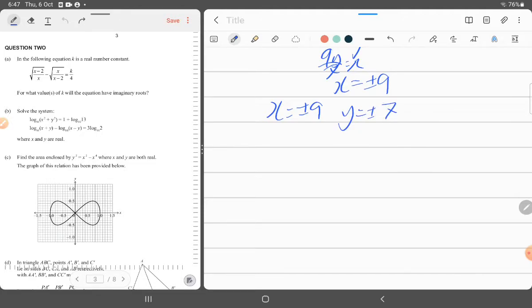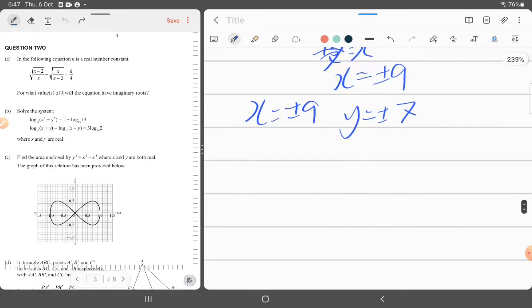But logs must have positive arguments. So x plus y must be greater than 0.